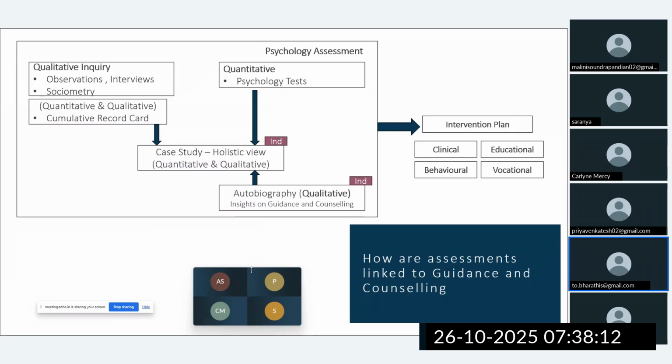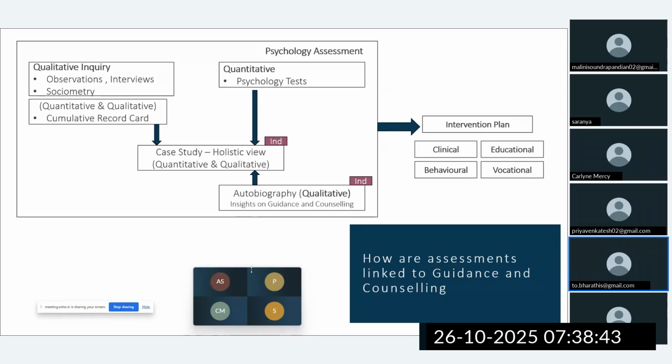From a qualitative standpoint, observations are one, interviews are one, and sociometry, which is mentioned in our text in only one place but I have included it, helps to assess how a person is socially interactive, their interactiveness in a social setting. And the cumulative record is another tool used in school settings, where you get the longitudinal view of a student.